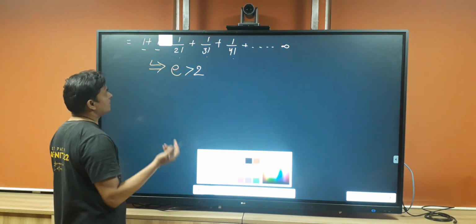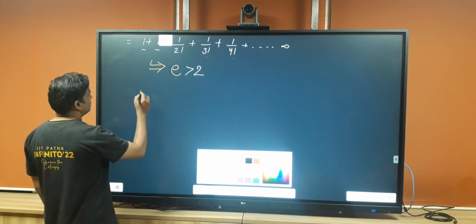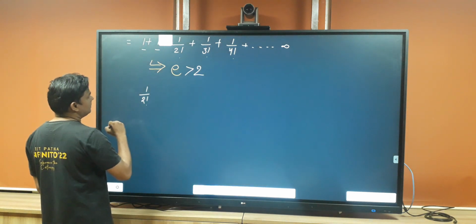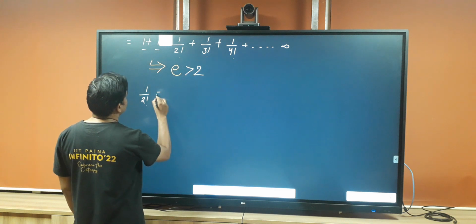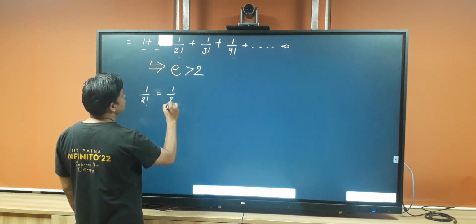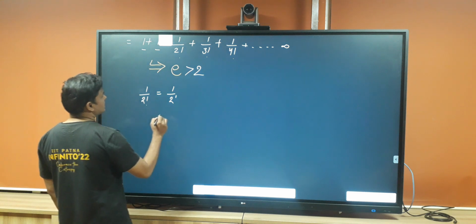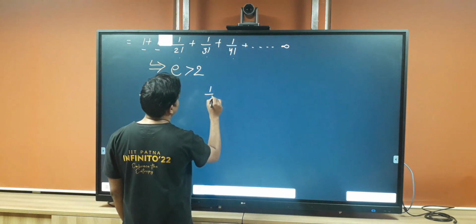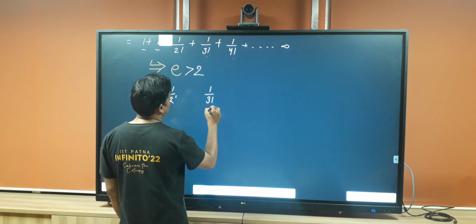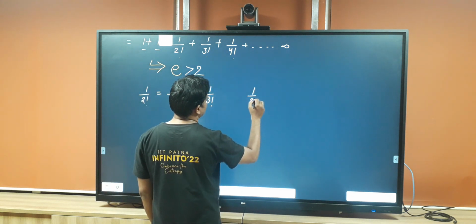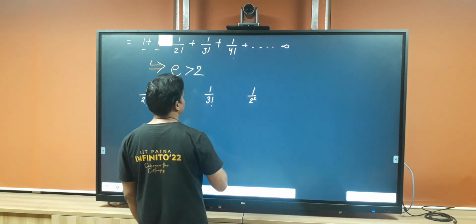Before finding the upper bound, let me discuss something: 1 upon 2 factorial is equal to 1 upon 2 raised to the power 1. Now, if I compare 1 upon 3 factorial and 1 upon 2 square, which is greater?